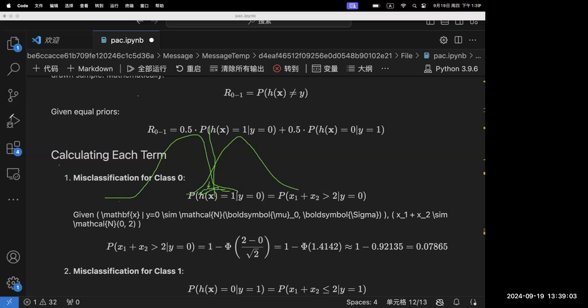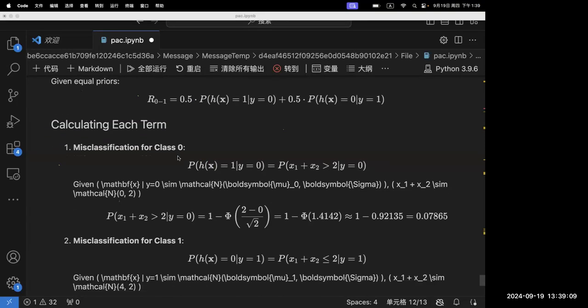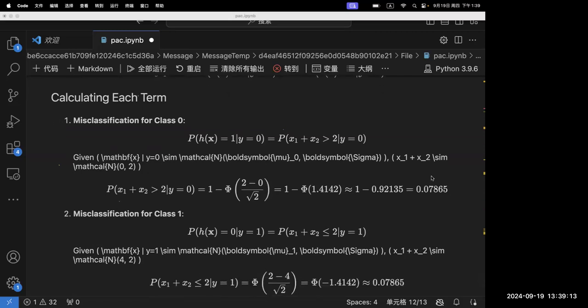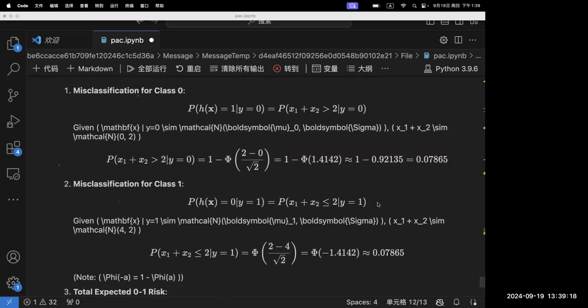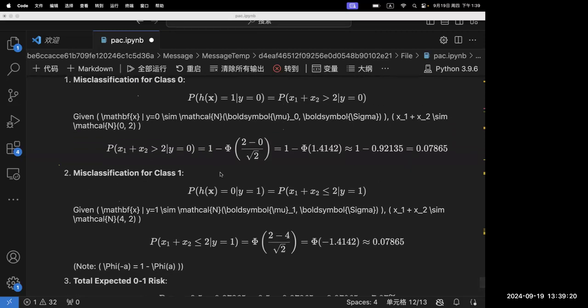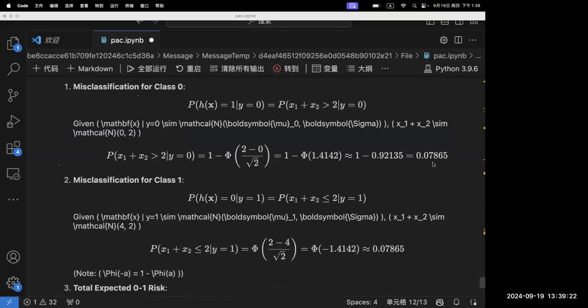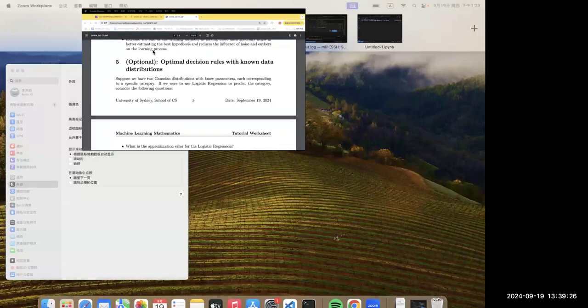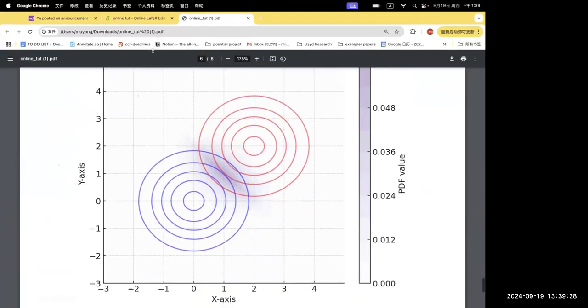And since we know the cumulative distribution function of the Gaussian distribution, we can directly substitute the parameters of the distribution. So this simply calculates the area of this overlapping region, which we go back to the worksheets.